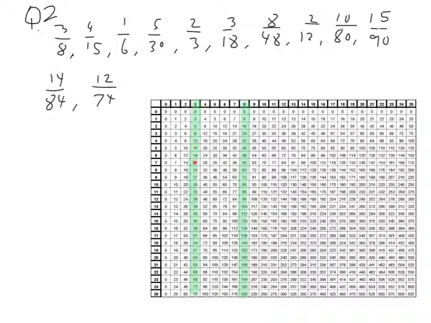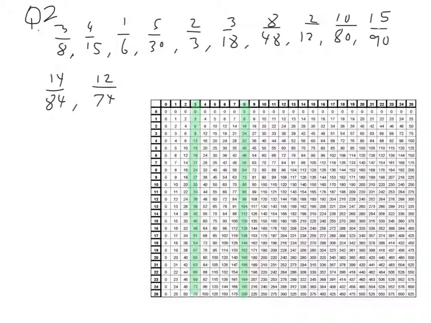So you can have a quick scroll down each of these. So 9 over 24, we don't see that either. 12 over 32, we don't see that, and so on and so on. So you can just keep doing that until you find an equivalent fraction. But in this case, you won't find an equivalent fraction for this fraction here.